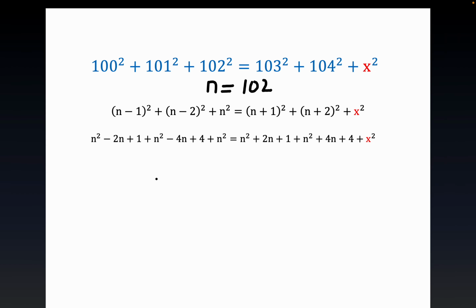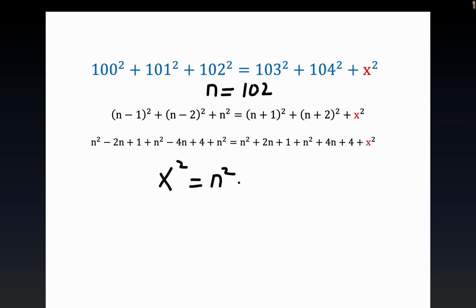And namely, all the constant terms cancel out, and a lot of the n squared terms cancel out. So what we end up with after a lot of massive cancellation is x squared is equal to, we still have this n squared remaining, n squared minus, now notice on this side we have minus 6n, but we also have 6n on this side, so that will result in a minus 12n.